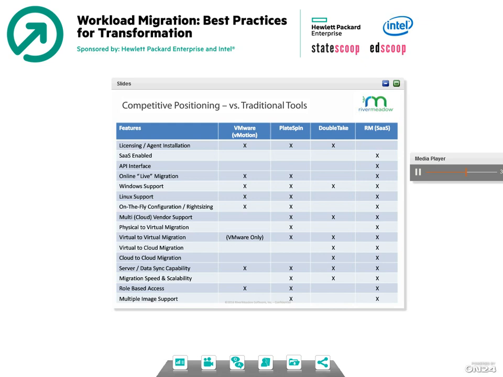The tools are all usually engineered around one use case, and they're very, very good at those. But when you look at the broader picture of a data center or cloud migration project, there's a lot of complexity for customers who have to learn and then master multiple tool sets. What we're doing is consolidating all of that into a SaaS-delivered live migration capability and making it simpler to drive migrations to the cloud.